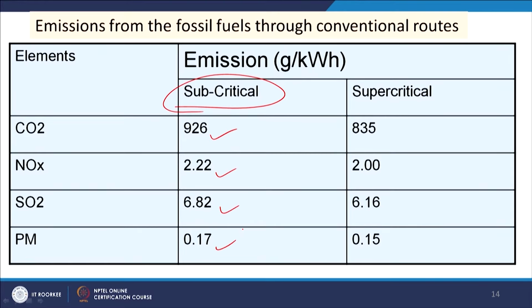So, there is good scope to change the technology, and if we produce the steam in supercritical condition, then the emissions can be reduced significantly: from 926 to 835, 2.22 to 2.0, 6.82 to 6.16, and 0.17 to 0.15.